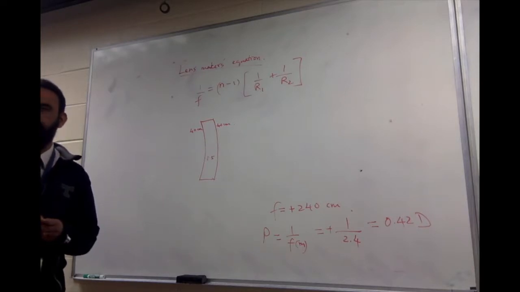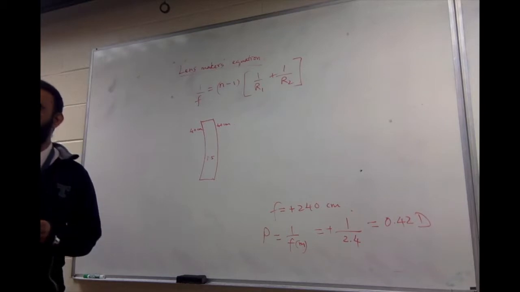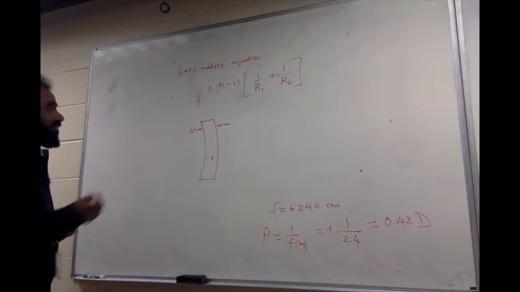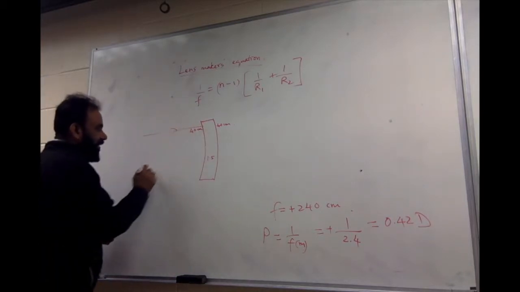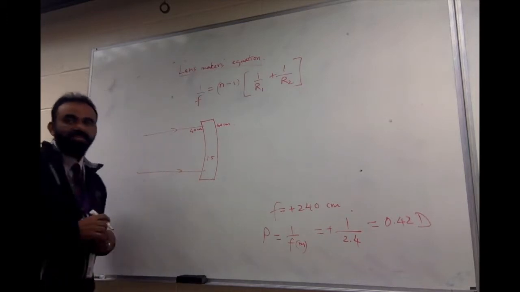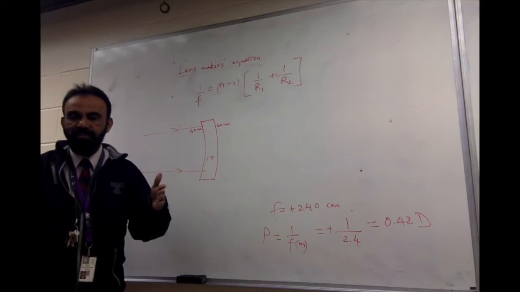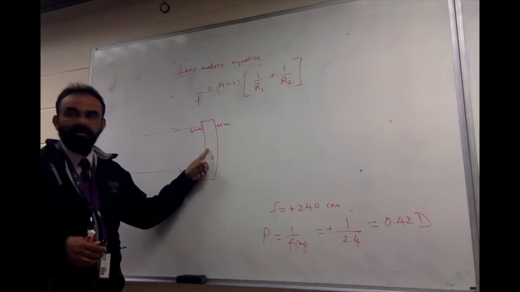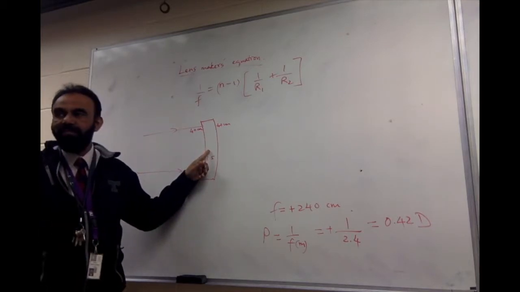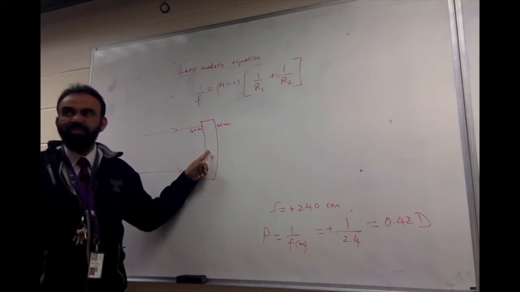Zero means what? What do you mean by zero? Zero focal length. Okay, so that means if you have a beam of light coming like this, focal length is the distance from the lens to the point where it converges, right? And when you say zero, it's going to be here.